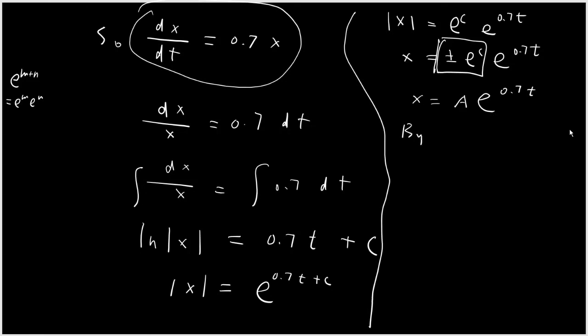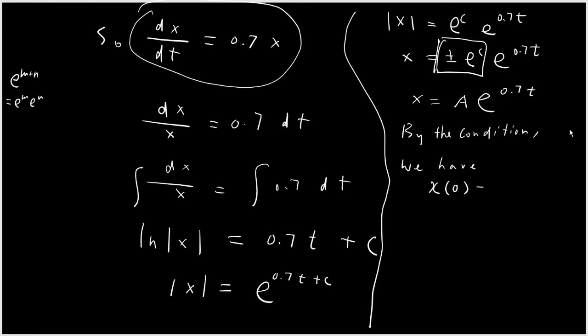By the condition in the question, the population size is equal to 100 at time t equals 0.